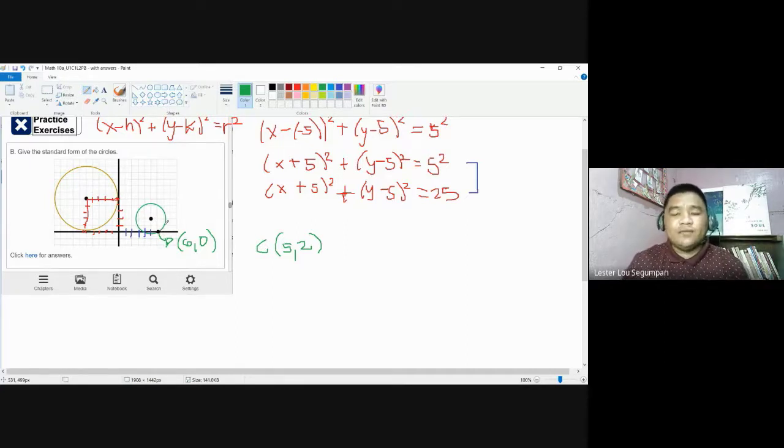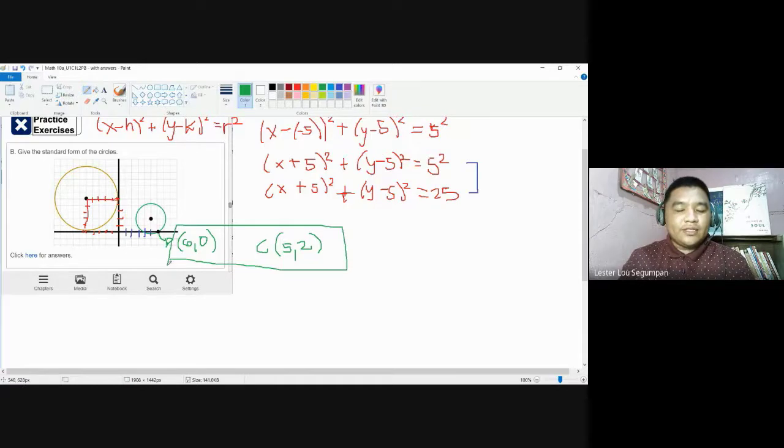Take note that a radius is a line segment drawn from the center of the circle to any point on the circle, and the distance of that line segment is the value of the radius. In short, we need to get the distance between these 2 points to determine the value of r.